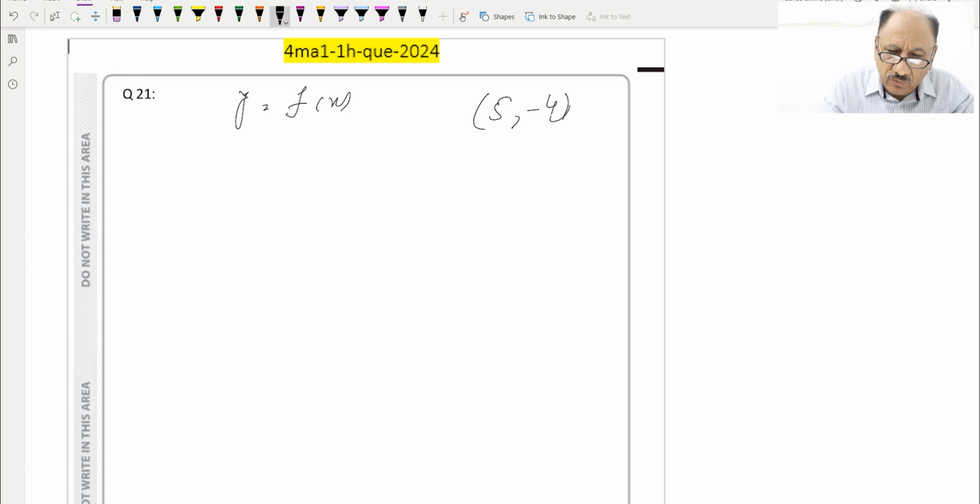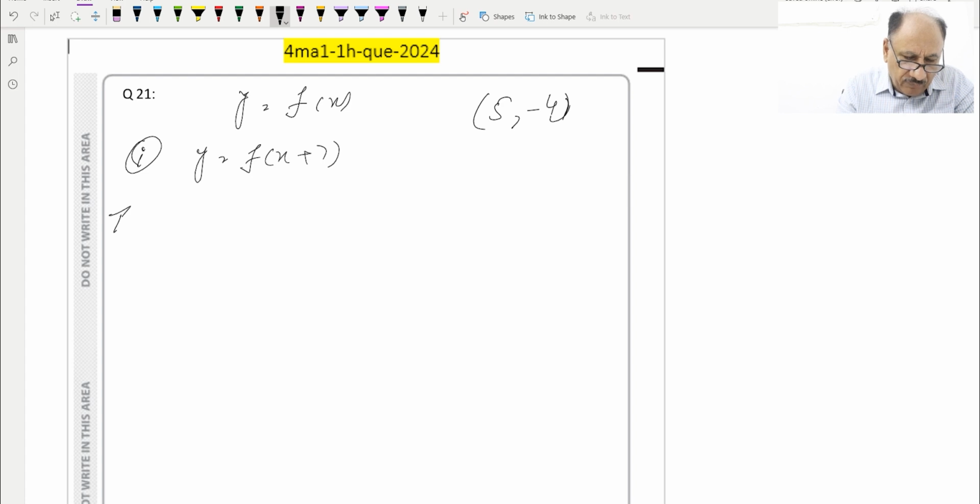Write down the coordinates of the minimum point on the curve with equation, part 1, y is equal to f of x plus 7. So this will be what? We need to understand this is a translation when we have an inside change. This one is a translation left by 7 units.